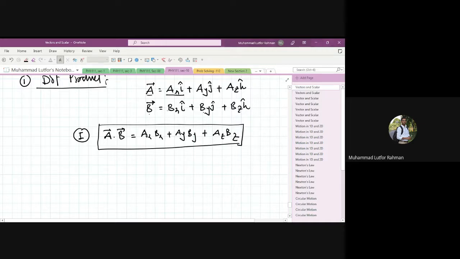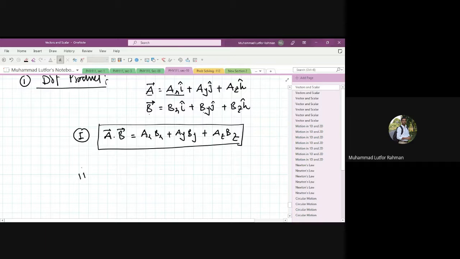I know that i dot i is 1, but i dot j and i dot k would be 0. Similar identities survive, while dissimilar identities, like i dot j, vanish. So we neglect that part. Similarly, we write ax bx i dot i, ay by j dot j, and az bz k dot k. They survive, and the rest of the terms vanish. That's how we can find the dot product of these two vectors.